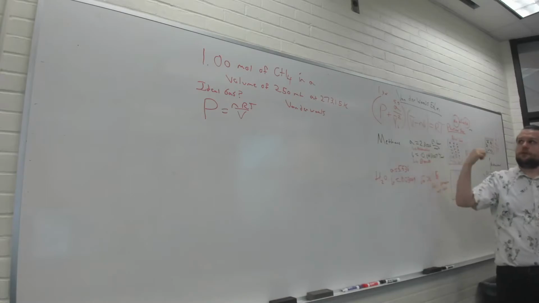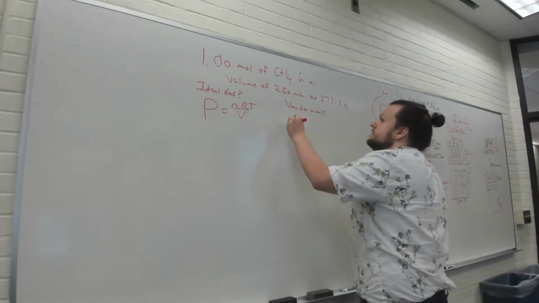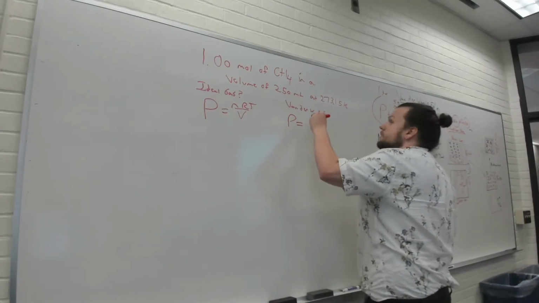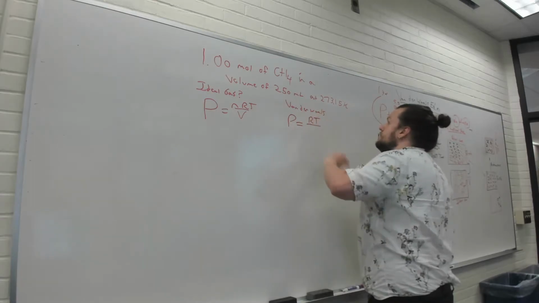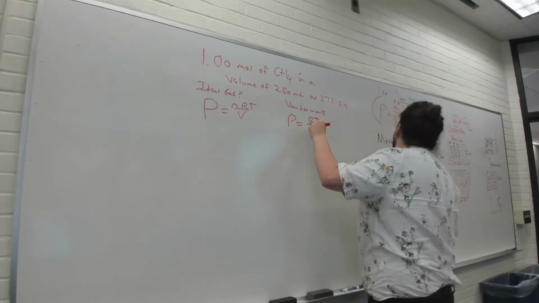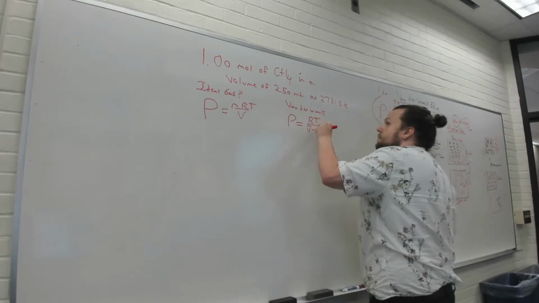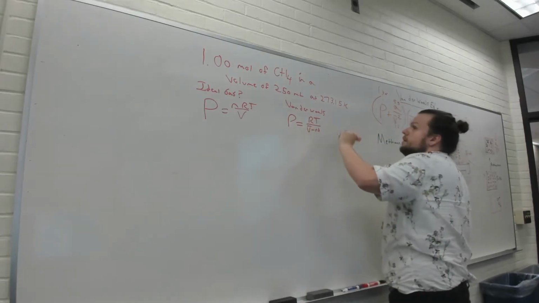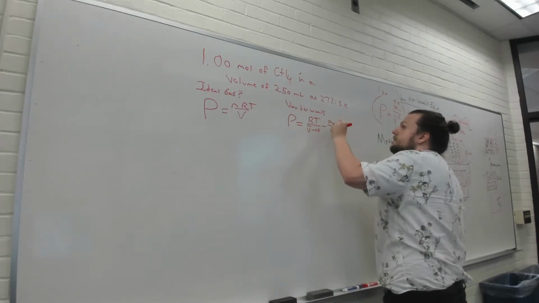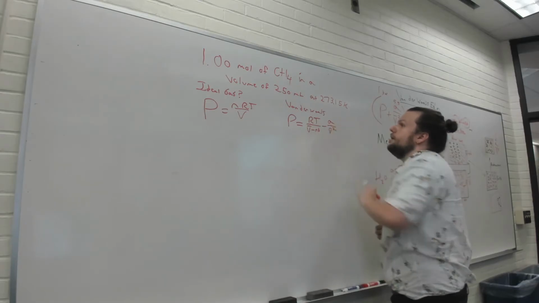Subtract a over V squared from both sides, and we get P. So that's going to be P equals RT over V bar minus nb, minus a over V squared.